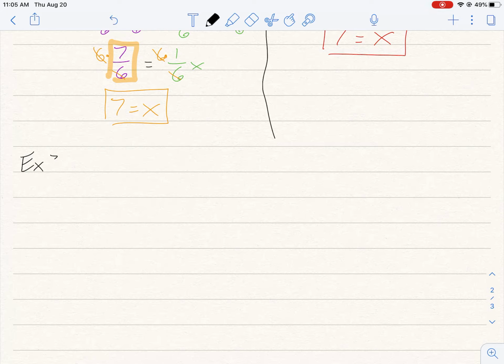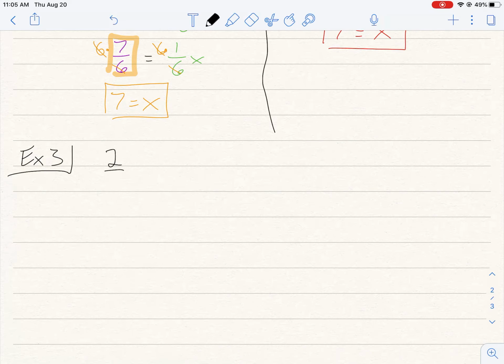Example number 3. So let's do 2/3 y plus 1/2 times y minus 3 is equal to y plus 1 over 4.